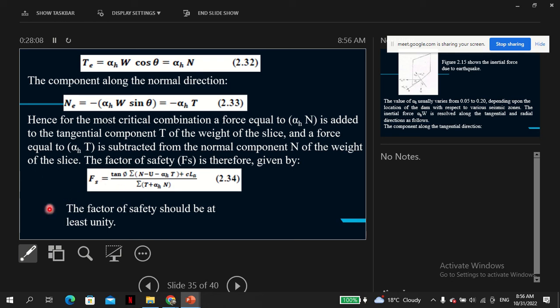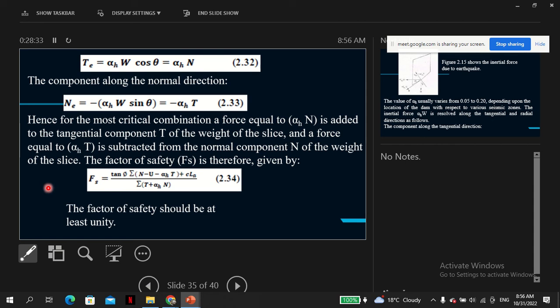I think for theory this is fine, but for practice, the factor of safety should be more than 1, at least 1.1. Because if you say it should at least be 1, you're giving a slim margin of error. You cannot be just exact, that is 1.